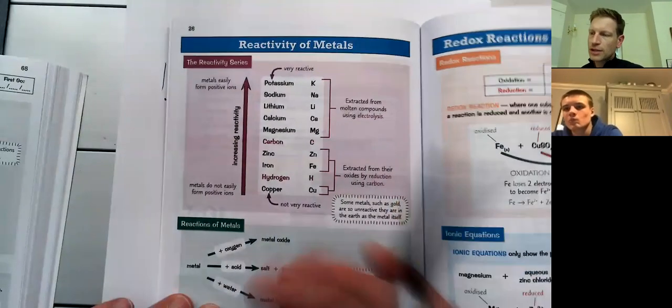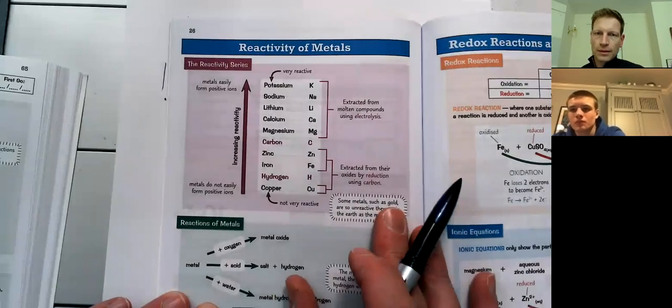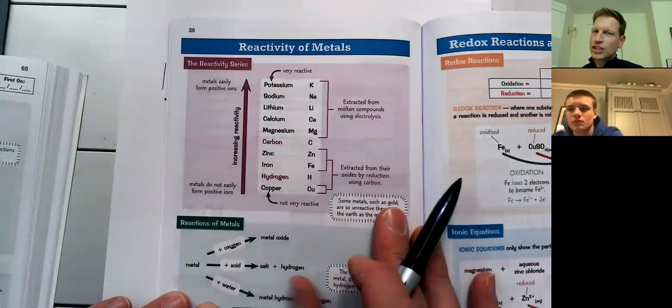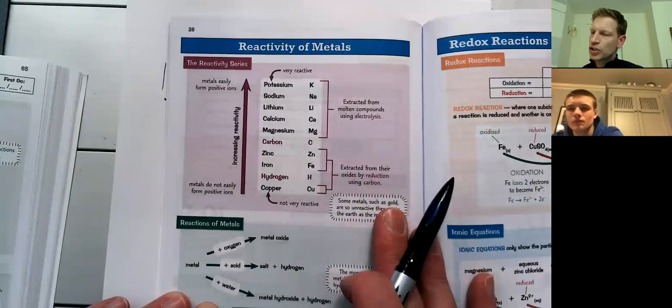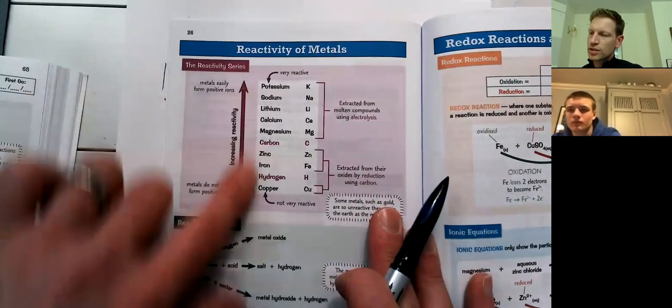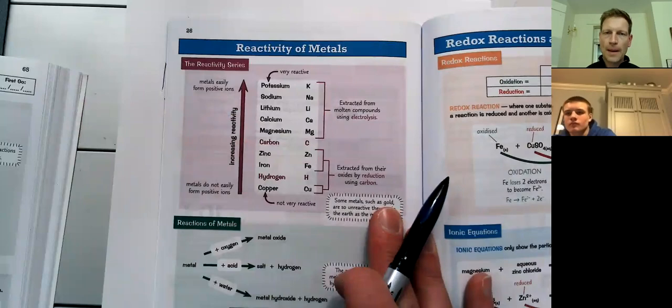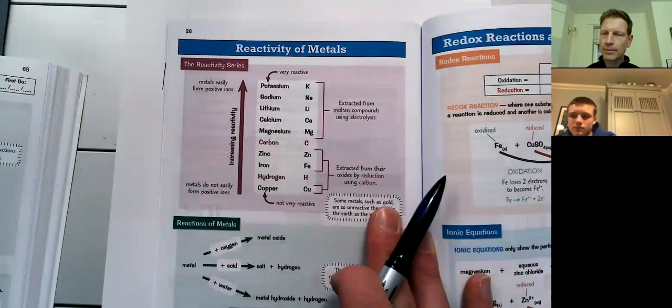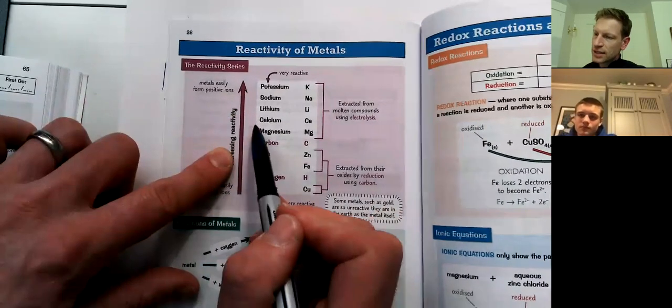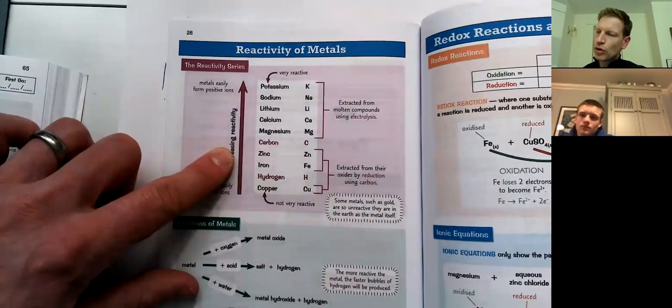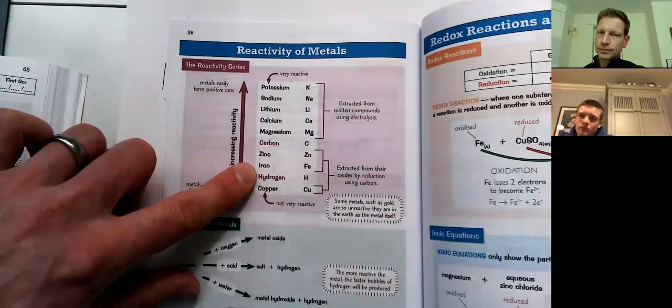So if you remember reactivity of metals, you haven't actually got aluminium in that list, but do you know where aluminium is? Is it towards the top or towards the bottom? Would it be towards the top? Yeah. So it's in here. So it's more reactive than iron.